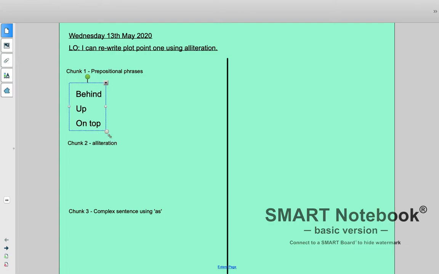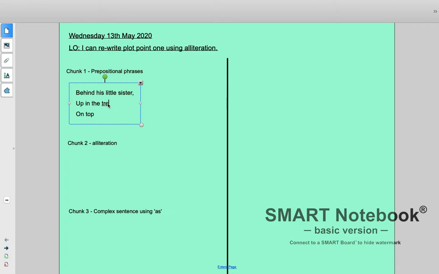I'm going to put these into a phrase now. We're talking about Mila's big brother at the moment. I've said we could have behind his little sister, comma, because it's a phrase at the start of a sentence. Up in the tree house. They could have a tree house in their garden.